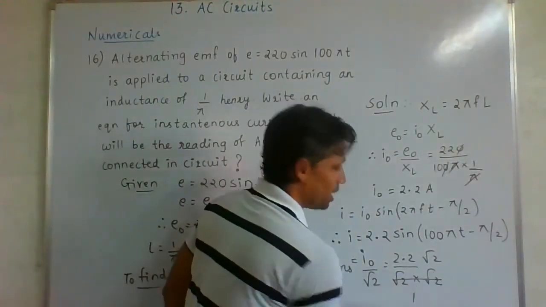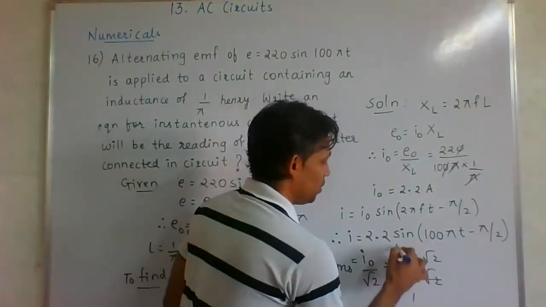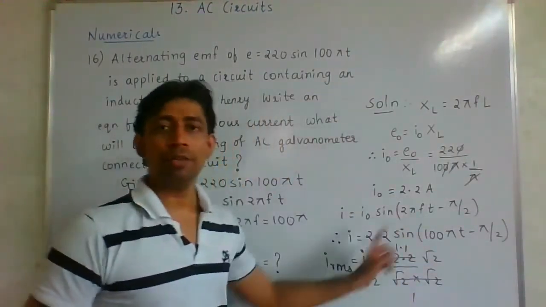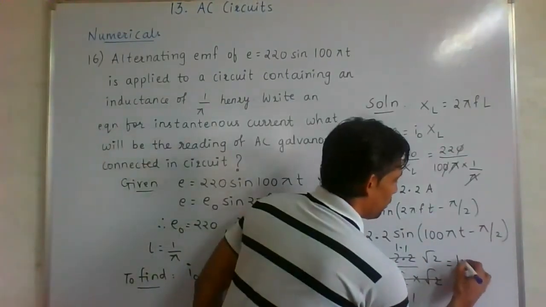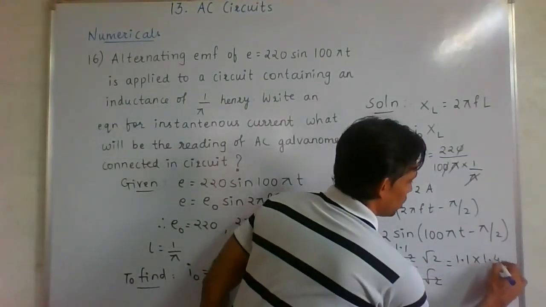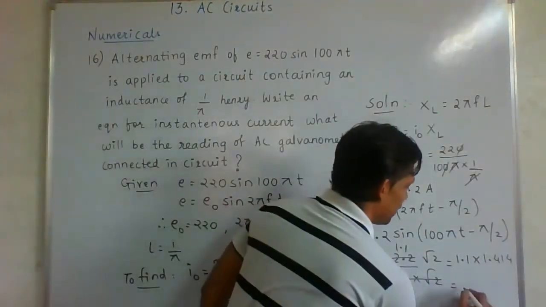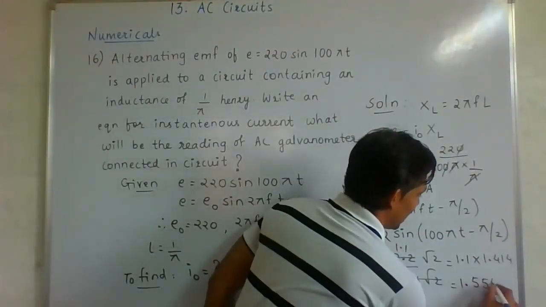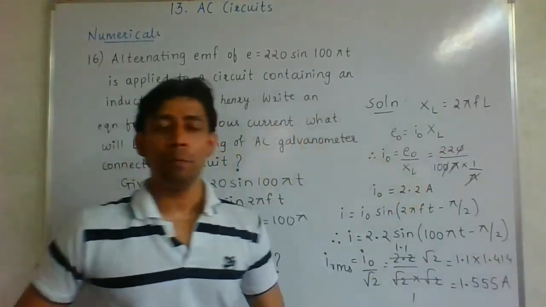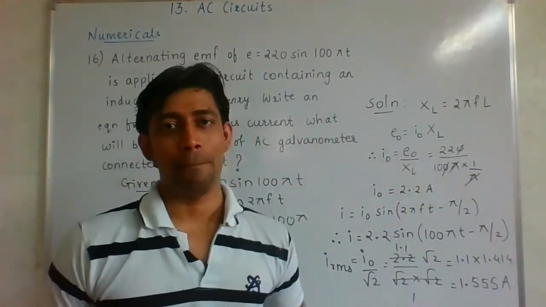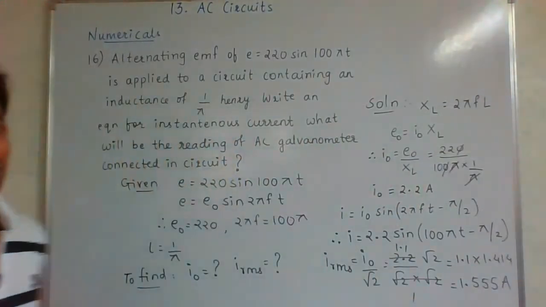So 2 ones are, and this will be 1.1. Now you can directly multiply 1.1 into root 2 का value 1.414. ये directly multiply करोगे, so you will get answer as 1.555 ampere. Okay, so that is how this sum is done. Thank you.